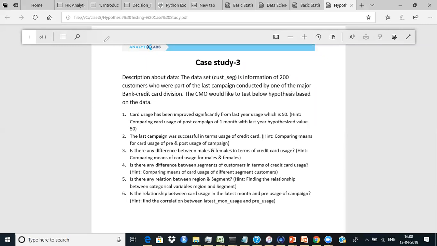Mean is a measure, right? If you calculate it on a sample, you get the sample mean. And if you calculate the mean on the population, you get the population mean. Do you understand? Okay. So this first one is a one sample T-test, right?